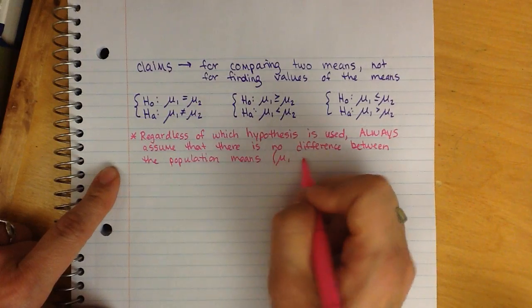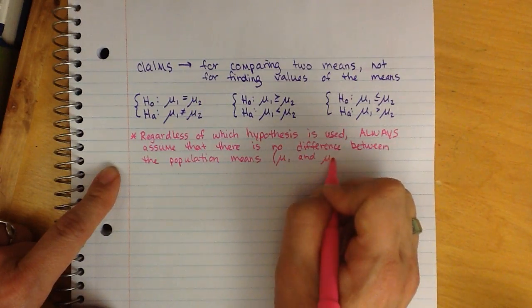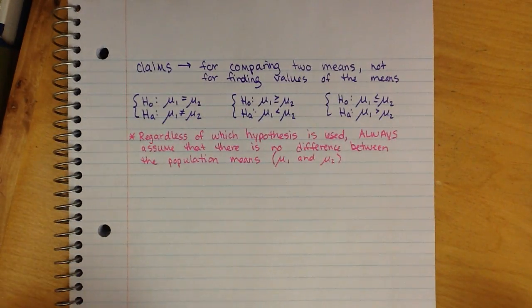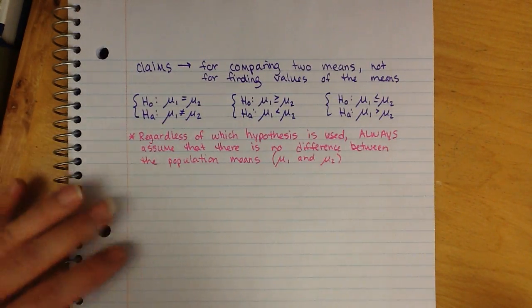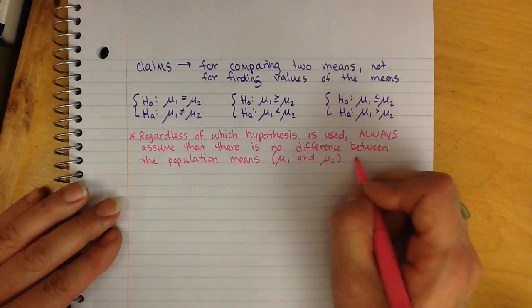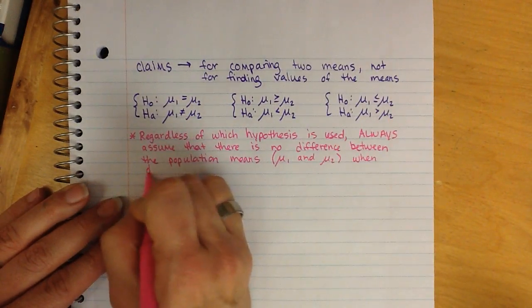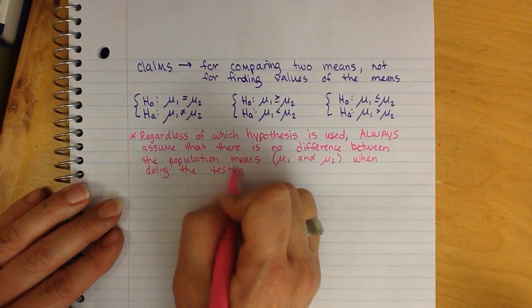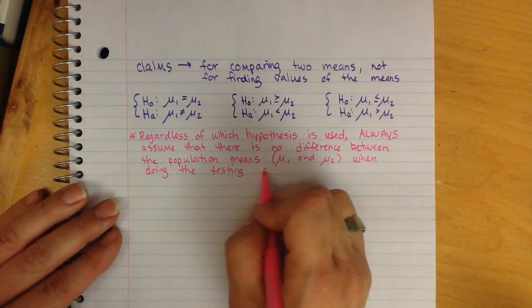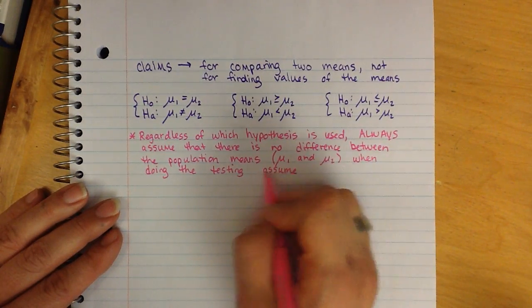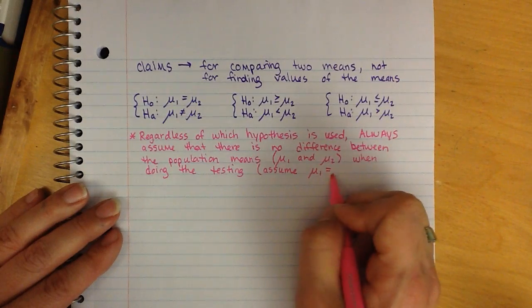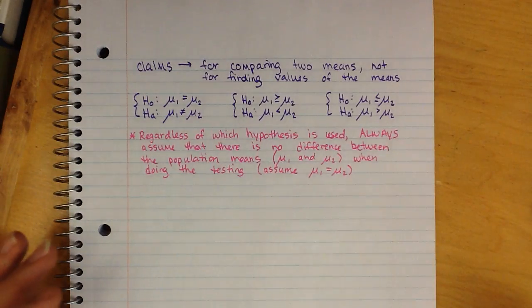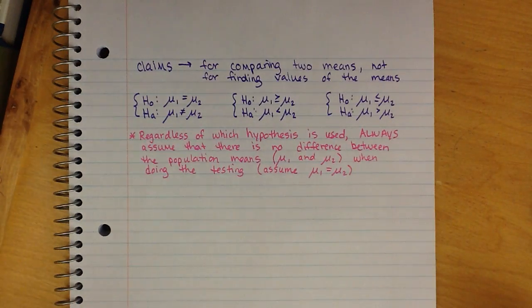So the two population means are mu1 and mu2. So regardless of which testing we do, we assume that there is no difference between the population means, mu1 and mu2, when doing the testing. So when you do your testing, you assume that mu1 is equal to mu2. And you'll see how that's going to come into play here when we write out the steps.